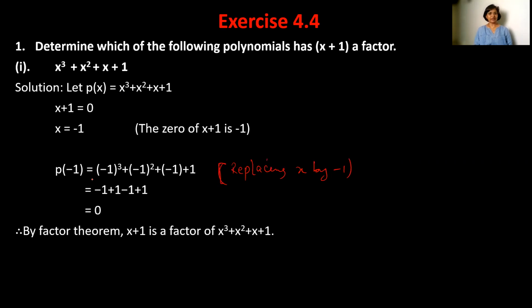So p(minus 1) equals minus 1 whole cube plus minus 1 whole square plus minus 1 plus 1. What does it mean? After calculation, what will we get? We get minus 1 cube means minus 1, square means 1, minus 1 multiplied by plus gives minus 1, and then plus 1 is here.